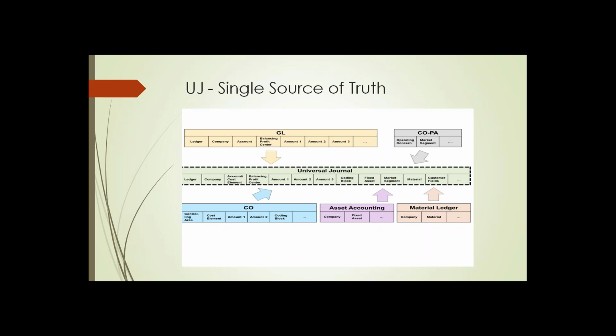So irrespective of whether you post directly into the particular module or it flows from some other module, it will automatically get adjusted and be shown as a single entry in ACDOCA.